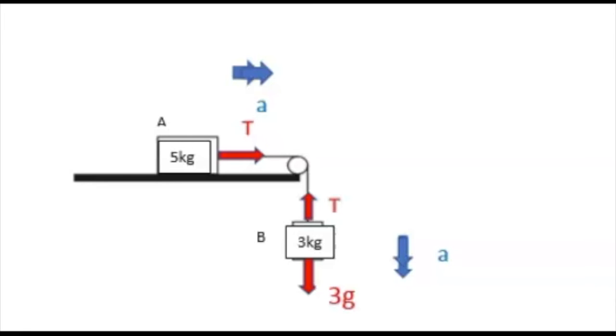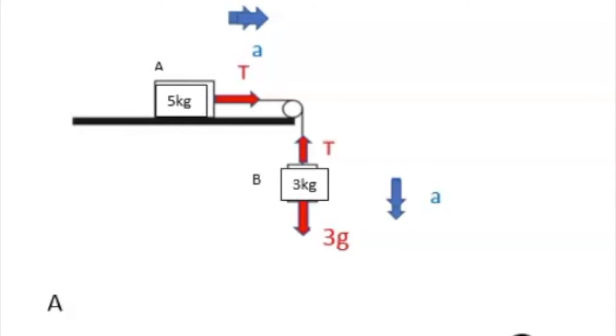So we can look at this like we did previously and look at what's happening when we consider force as mass times acceleration. If we consider mass A, the only force acting on it is the tension. There is nothing holding it back, and so T will equal 5a.